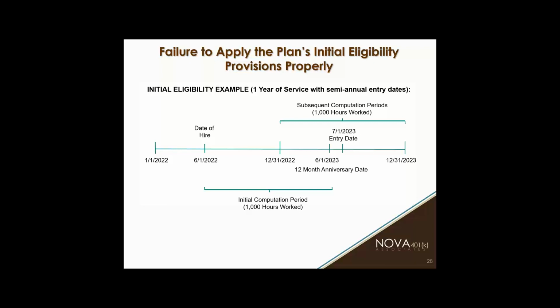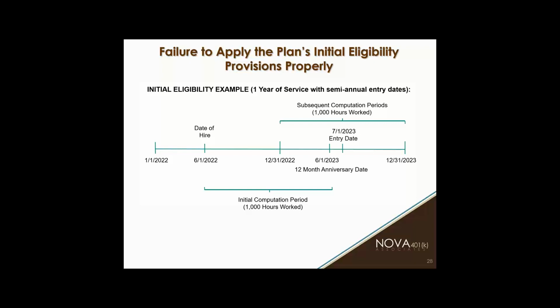Now, let's say in the initial computation period, they did not work 1,000 hours. They worked 500 hours. This is the switch in the computation period that I was talking about. Okay, they didn't get the 1,000 hours in the first computation period. Now, to make it a little easier on you for subsequent periods, the documents switch the computation to the calendar year.